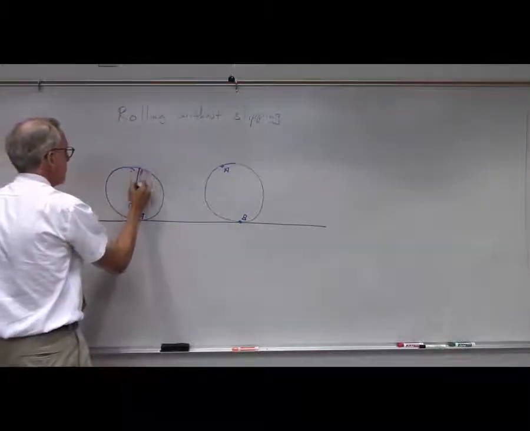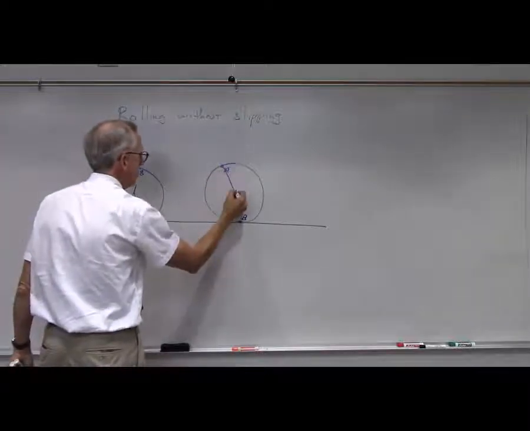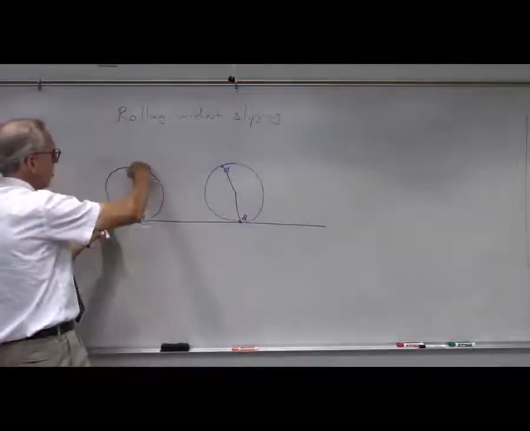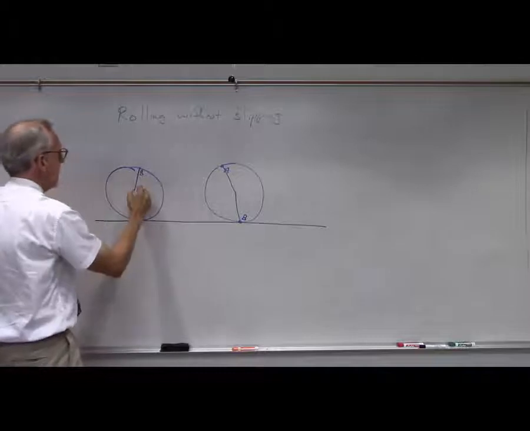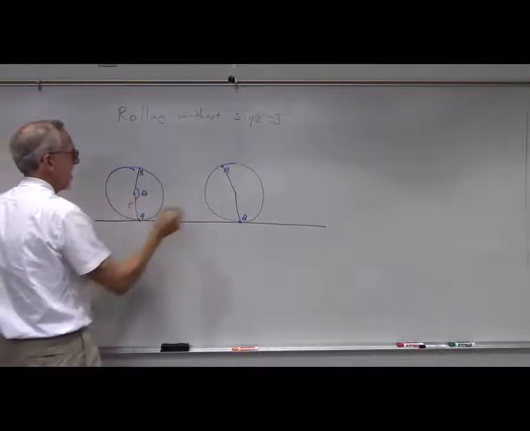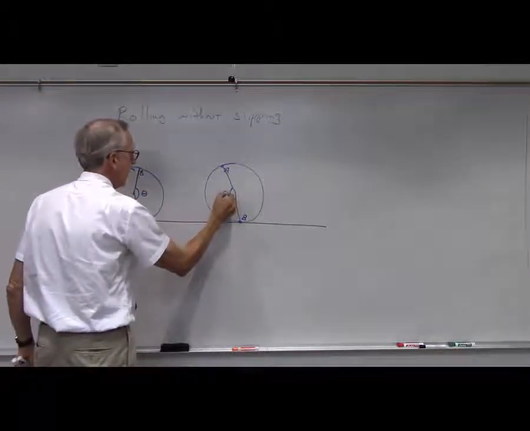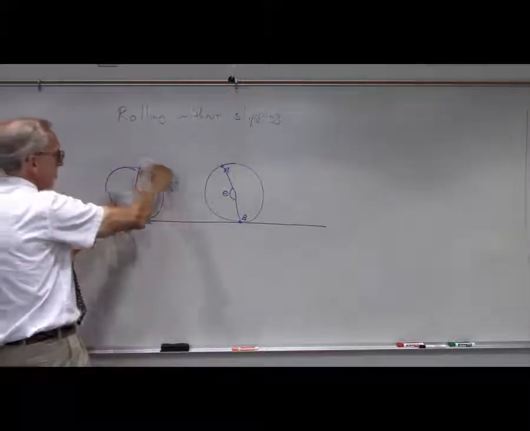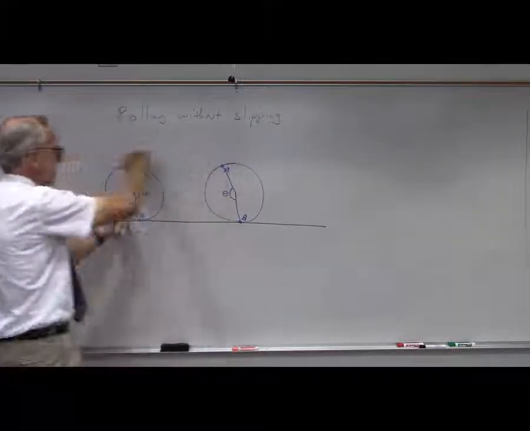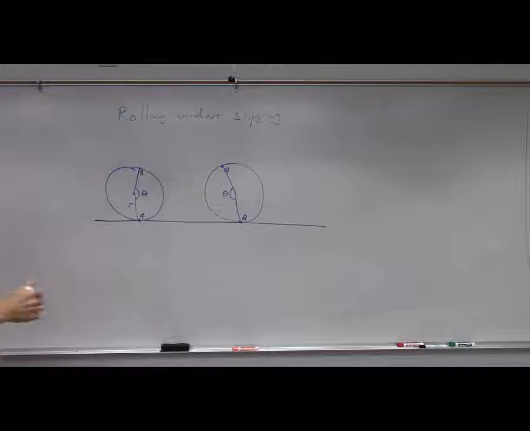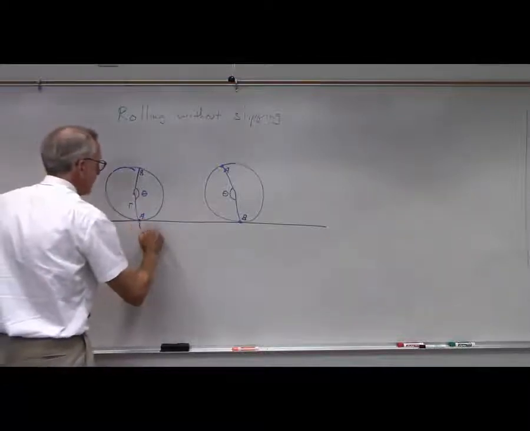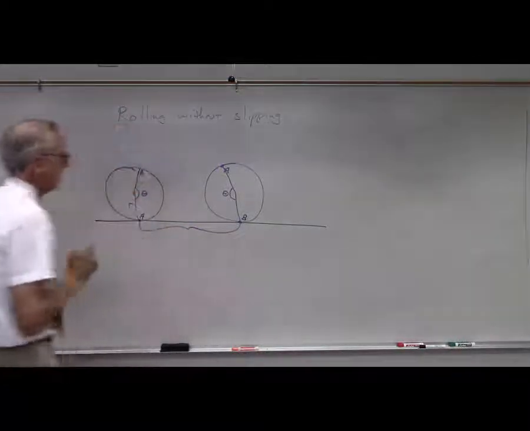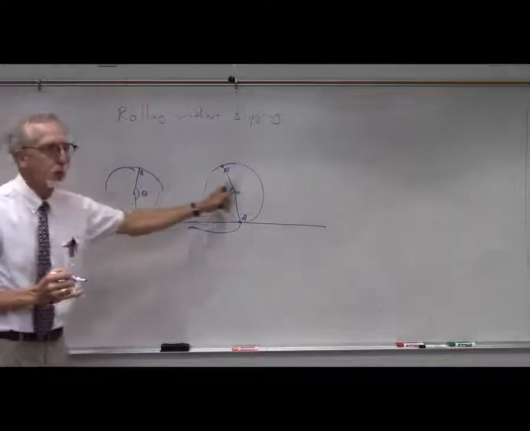Now let's imagine that during this time, the wheel has rotated through an angle of theta. So that angle there is theta. Now let's imagine that this distance here is the distance that the wheel translates.